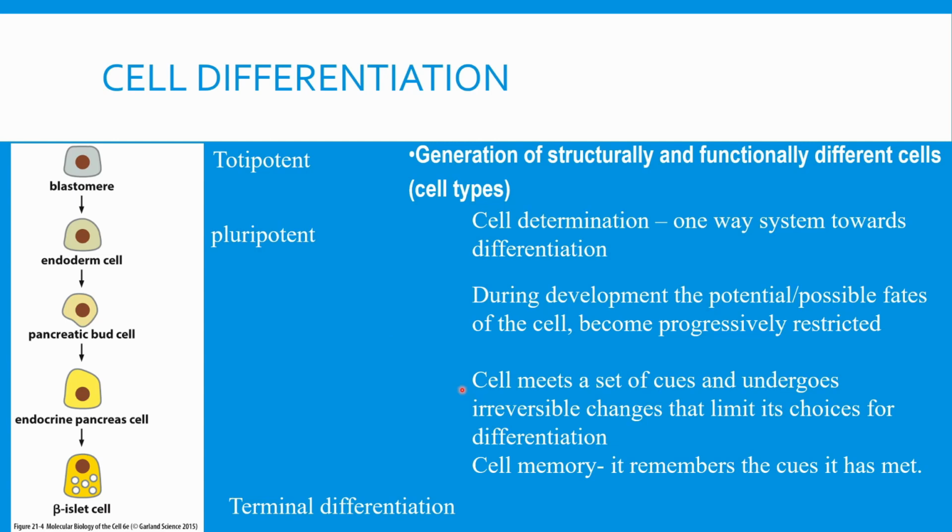It meets a set of cues from its surrounding cells and undergoes irreversible changes that limit its choice for differentiation, right? In another way, the cell has a memory. It remembers what it was before and the cues that it has met along the way.